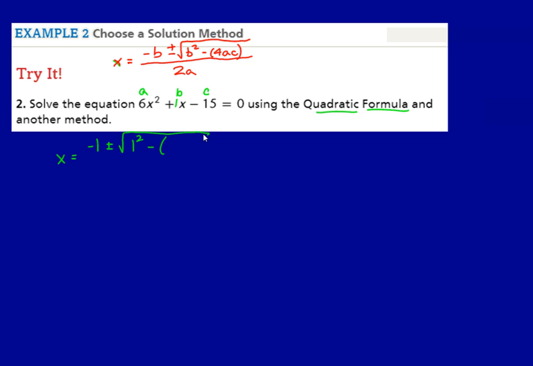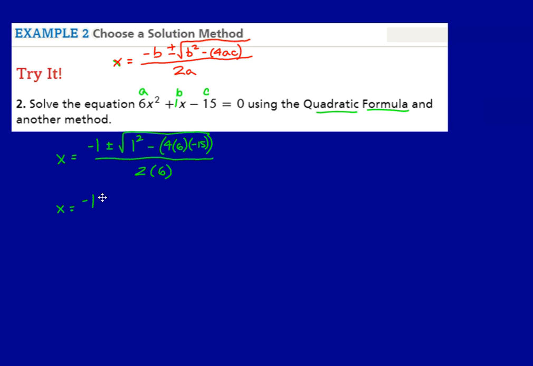I always put this part in parentheses because of the signs changing around here. 4 times 6 times a negative 15, all over 2 times 6. So let's start simplifying this.